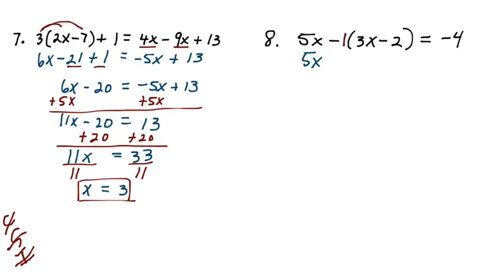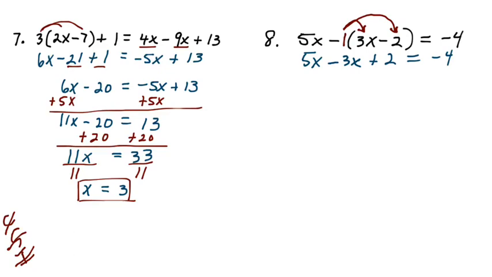There's one of those. And so what we're really doing here is, because of that minus 1, we're going to distribute a negative 1. Negative 1 times 3x is negative 3x, so we'll write that using subtraction. And negative 1 times negative 2 is a positive 2. So we'll write that using addition.